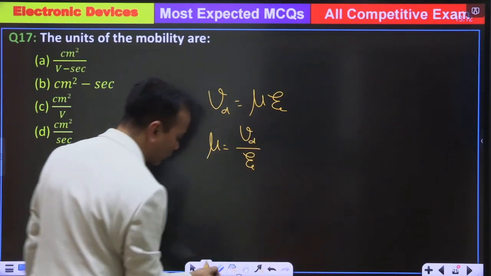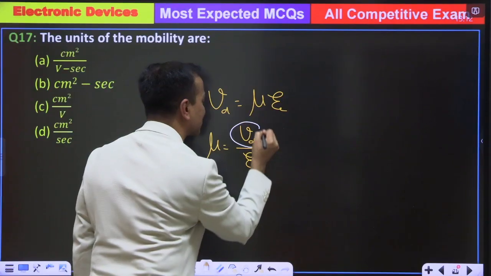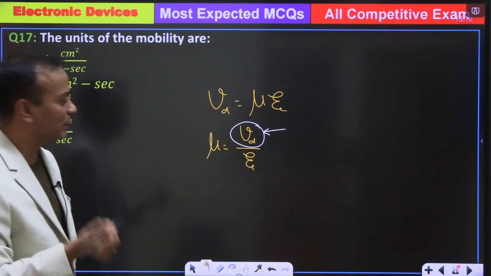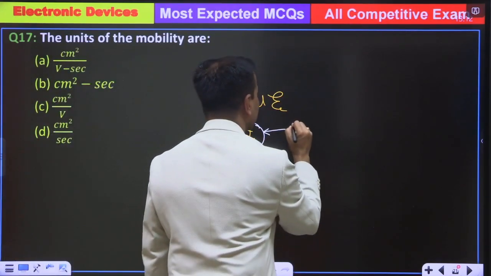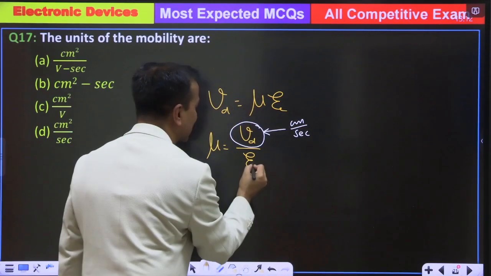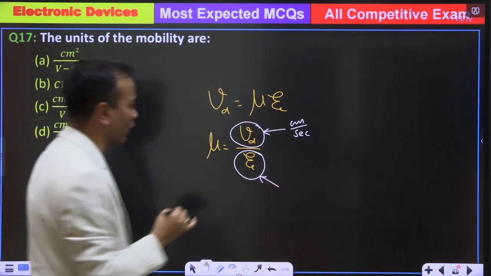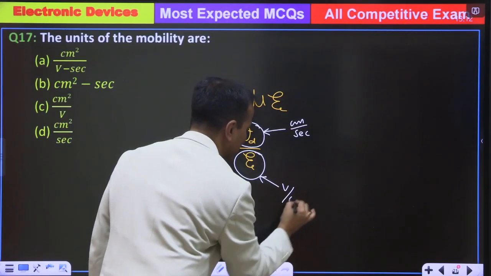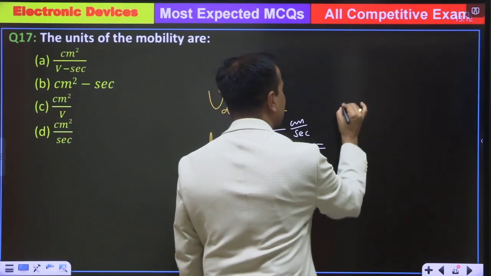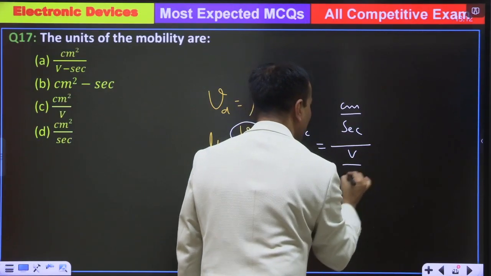So the unit for the drift velocity, whatever the velocity, is centimeter per second or meter per second. In this case, I am taking centimeter per second, and the electric field intensity has the unit of volt per centimeter. So if you see it, the unit is centimeter per second divided by volt per centimeter.